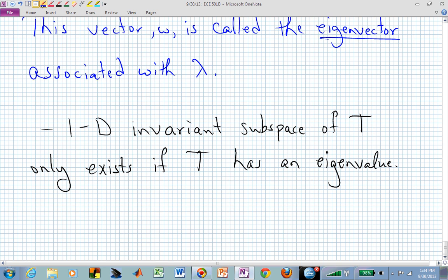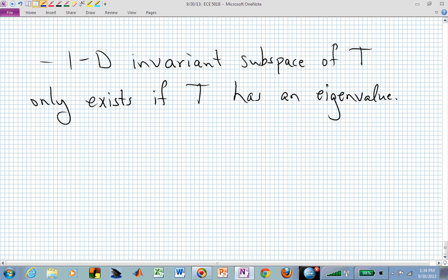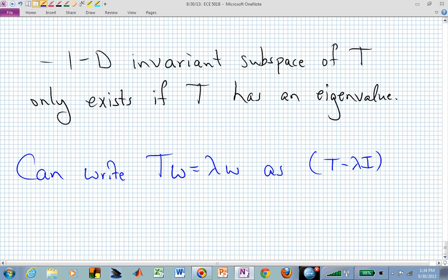Now once we have this eigenvalue eigenvector relationship, we can manipulate that many different ways, and we've already looked at this a little bit. We have this eigenvalue eigenvector relationship given by TW is equal to lambda W. If we now move the lambda to the other side, and we put this placeholder of an identity matrix scaling the lambda so that we can subtract lambda from a matrix T, then we have this relationship also.